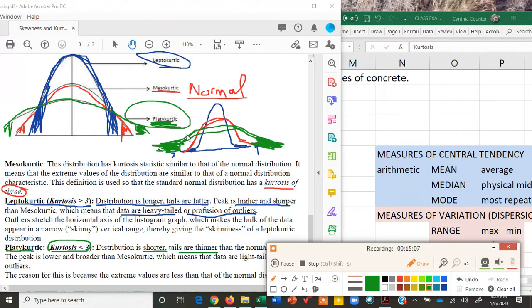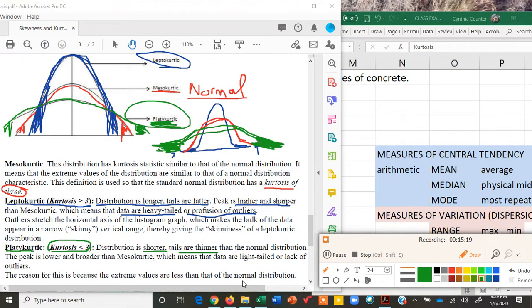So platykurtic, it's flat, which means the data is really spread out. Since it's already spread out, to be an outlier you have to be way out there. So you are going to have basically no outliers, or very few, a lack of outliers. Normal distribution, okay, we say outliers are more than 3 standard deviations from the mean.